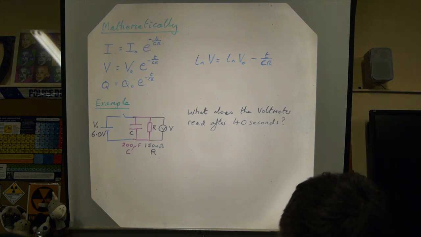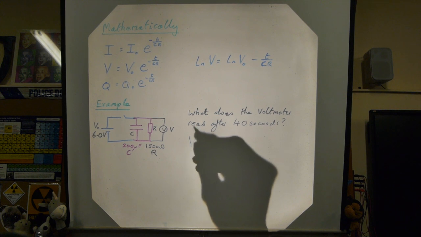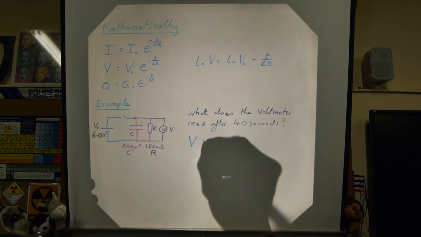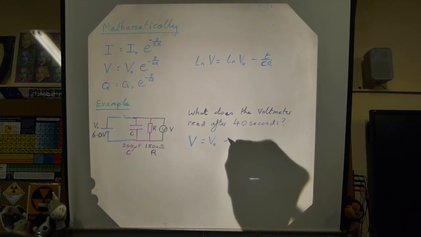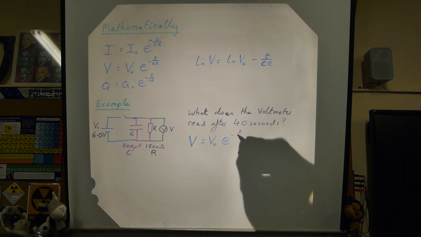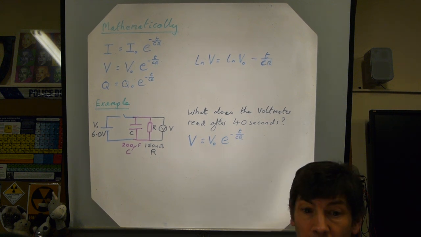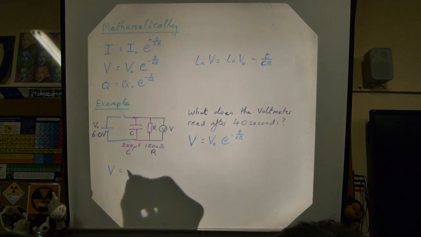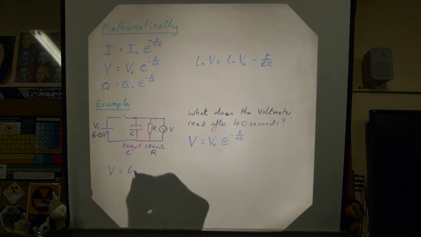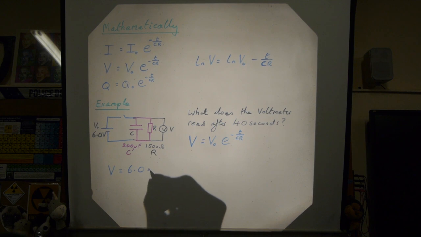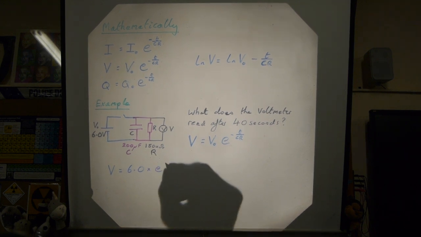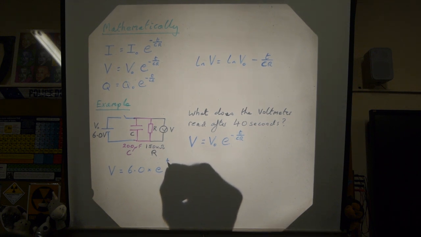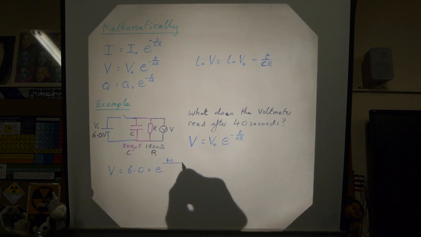We need our equation. So the voltage, when we've left it for 40 seconds, will be equal to the starting voltage reduced by e to the minus t upon CR. So the voltage that we will calculate is going to be equal to the supply voltage 6.0 all times by e to the power of, now here's where it gets a little bit messy, 40 seconds, all over CR.